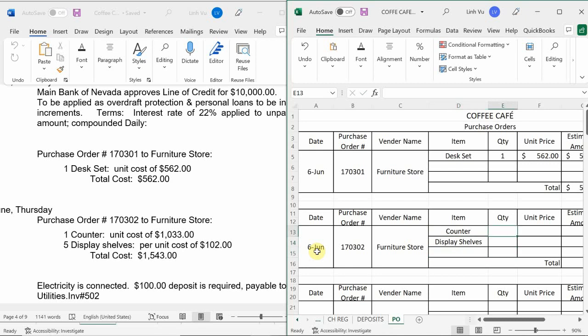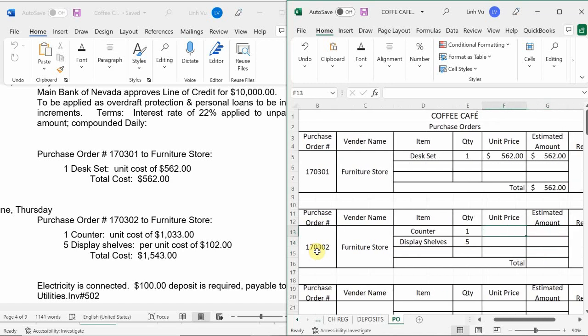One counter, and I bought 5 of those display shelves. Now in this case, my unit price for the counter was $1,033, while my display shelves were $102 each.